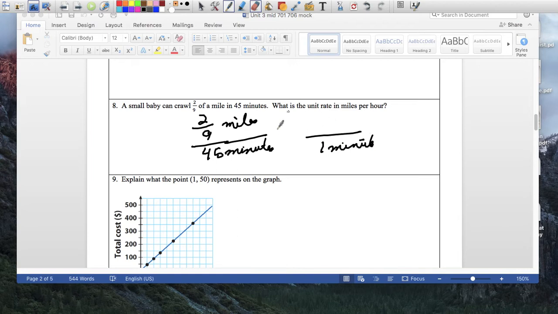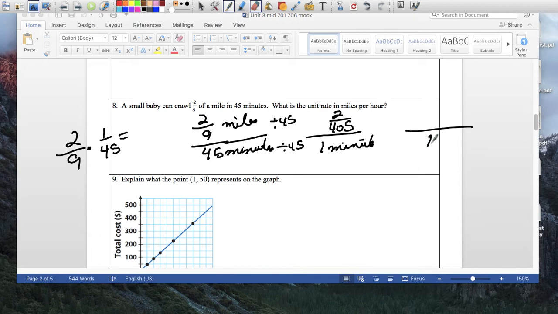The unit rate per minute is to divide by 45, and on top I'm going to divide by 45. 2/9 divided by 45 is the same thing as multiplying by 1 over 45, and you get 2 over 9 times 45, which is 405.